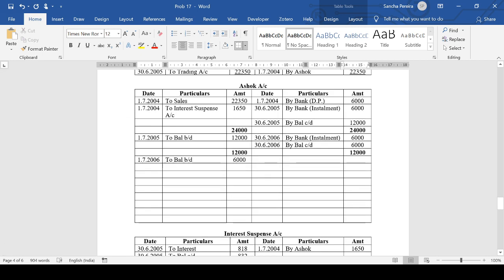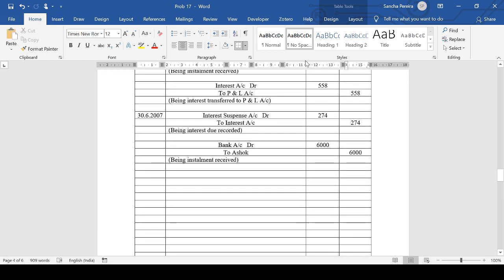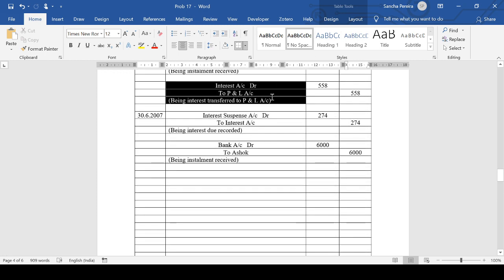Post this accordingly in Ashok's account. So 30th June 2007 by bank installment. If you see, Ashok's account is also closing, tallying. Okay. The last one is transfer the interest to the P&L account.